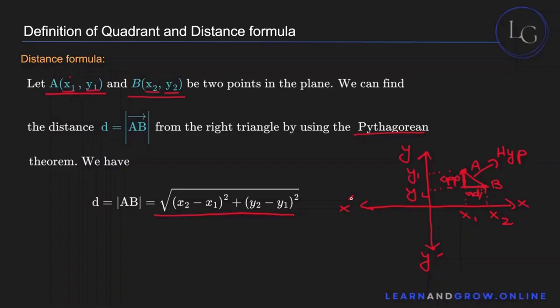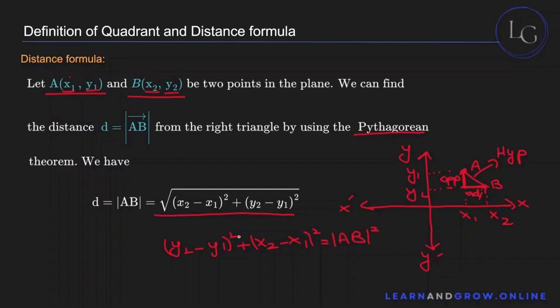So y2 minus y1 whole square plus the adjacent, which is x2 minus x1, x2 minus x1 whole square is equal to the hypotenuse, which is what we're trying to find. That will be AB modulus, whole square, by the way.